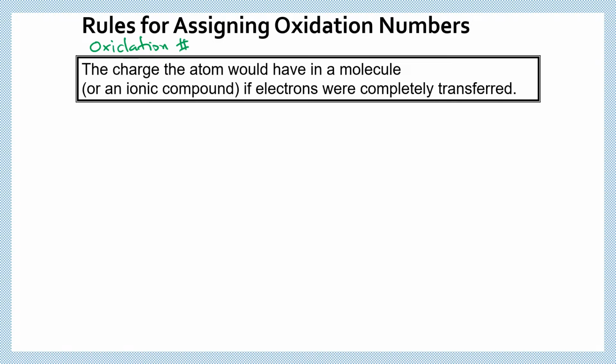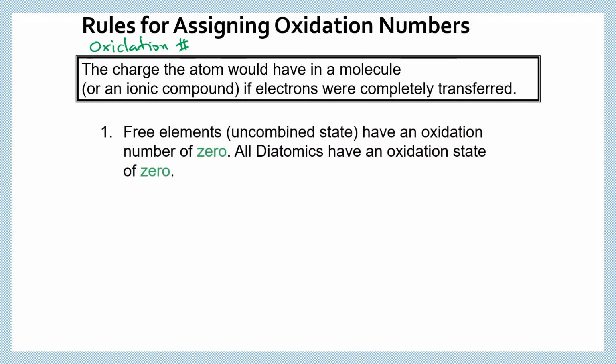Next, we have the rules for assigning oxidation numbers. The first one is that free elements, or elements in the uncombined state, have an oxidation number of 0. That's right, 0. All diatomic elements have an oxidation number of 0 as well. Let's look at some examples.